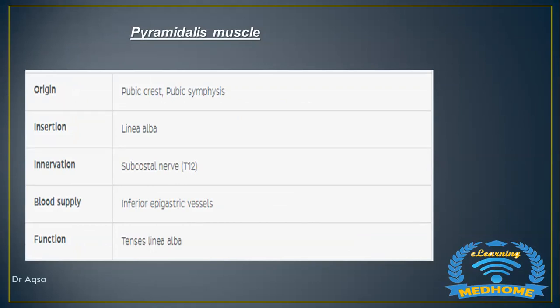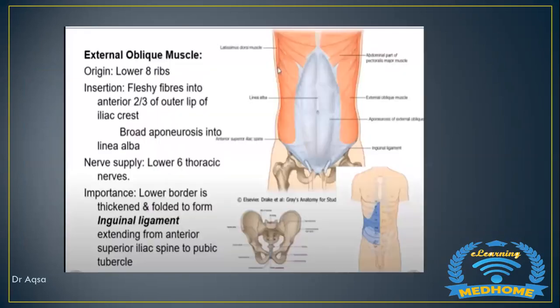And we have studied external oblique muscle. It gets origin from the lower 8 ribs, and it is inserted on the xiphoid process, linea alba, the pubic crest, and the anterior two-thirds of the iliac crest.